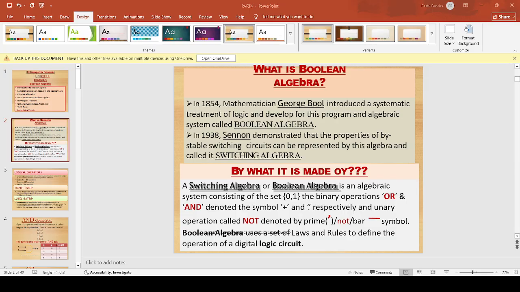Associative law. We always get to draw a truth table of this law. This is an important law. Associative law is x plus y plus z is equal to x plus y, the bracket, plus z. Now, since there are three inputs x, y and z, the combinations will be 2 to the power 3 is equal to 8 rows.